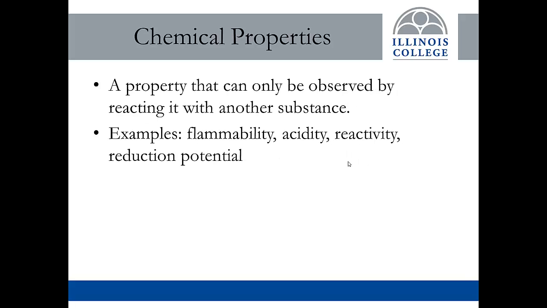So the next category of properties, contrasting, are chemical properties. And so these are properties that can only be observed by reacting it with another substance. So here you're going to get a change. There's going to be a conversion of one substance to another when you test for this property. So these might be flammability, how well does it burn in oxygen, or acidity, how much does it behave like an acid, or certain types of reactivity, or maybe the reduction potential, which is related to oxidation, reduction, corrosion, those types of processes.